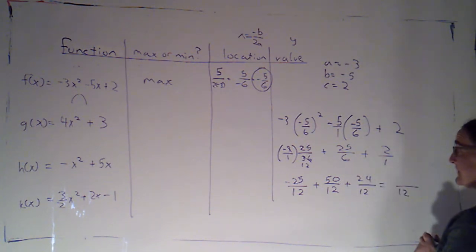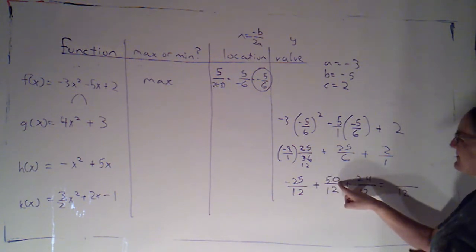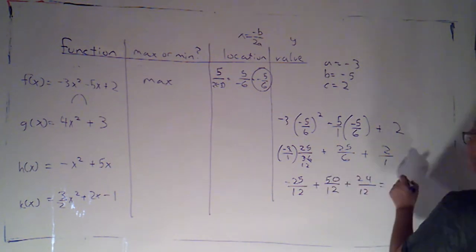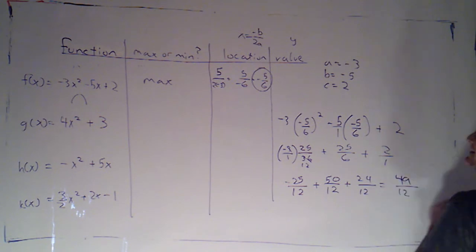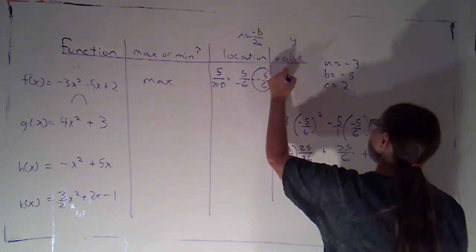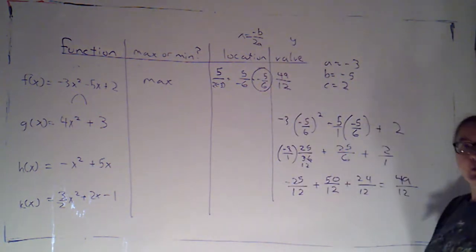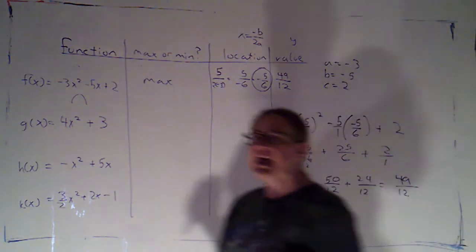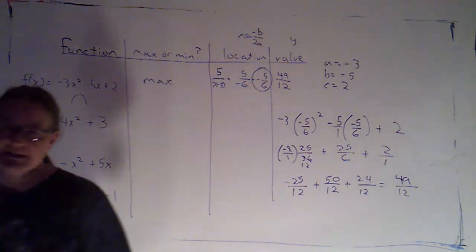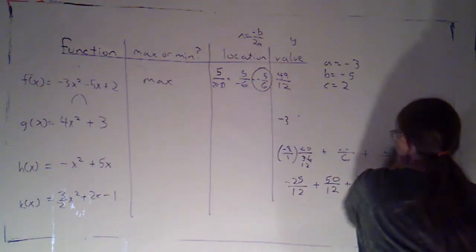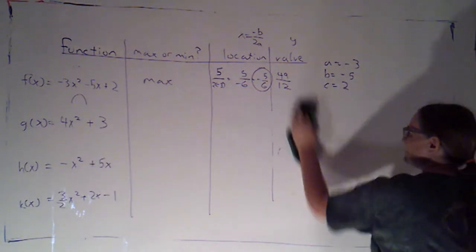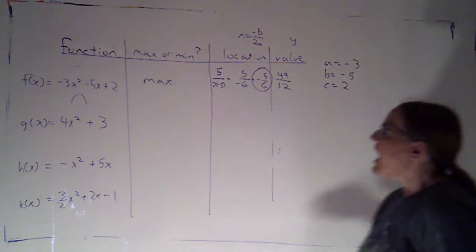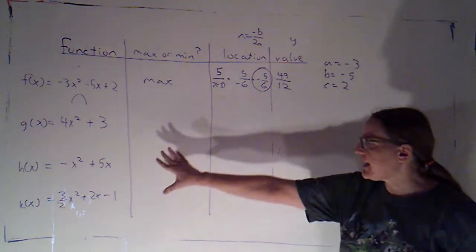So we'll have some 12ths. -25 plus 50 is +25, plus 24 is going to be 49. So the value would be 49/12. A little bit tedious when you have to plug in a fraction. Not the end of the world, but definitely something you want to be practicing before you encounter it on a timed exam or quiz. All right, let's do g of x together, and then I'll have you try the last 2 on your own.